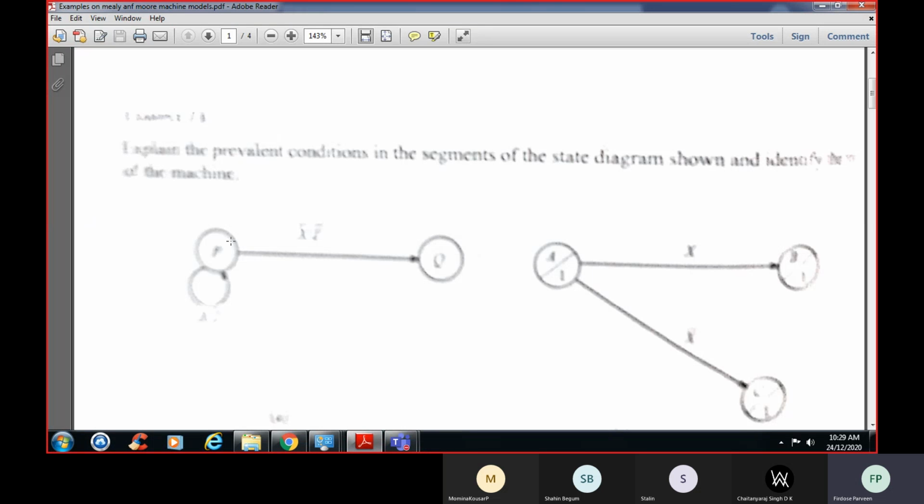So now here it is P, that is state P. So this is state P and this is state Q. One second, I'll edit it.